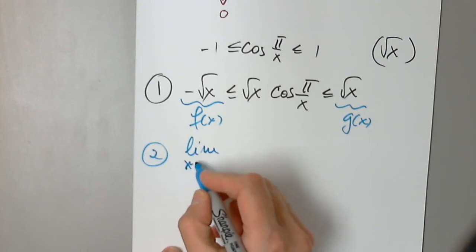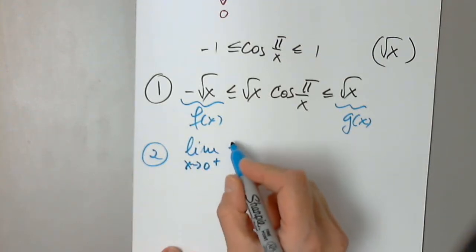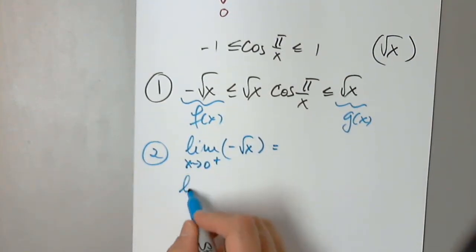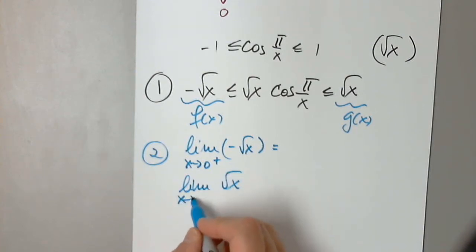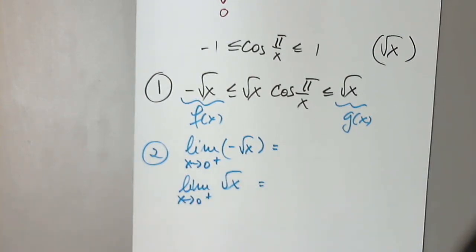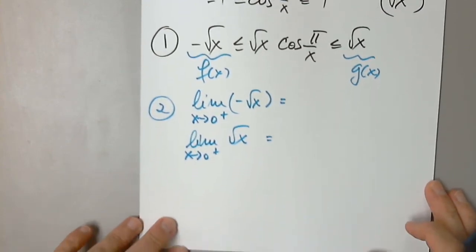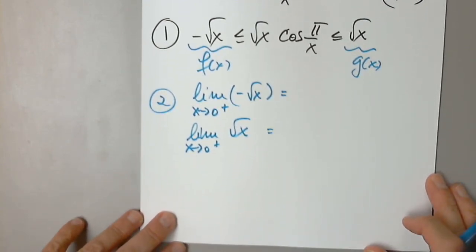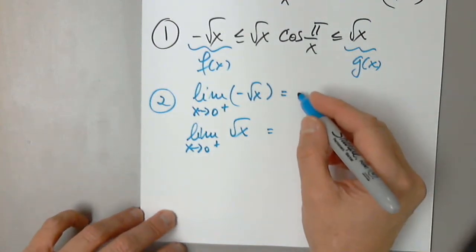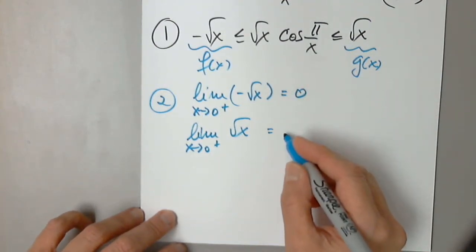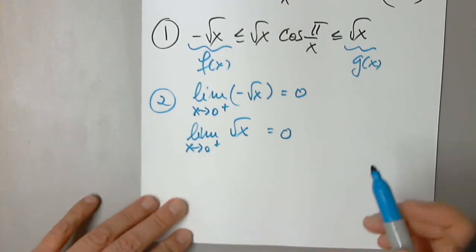So the limit as x approaches 0 from the right of negative the square root of x, and the limit of the square root of x as x approaches 0 from the right. If these two exist and happen to be the same, then we know the limit of the function that we are trying to determine. Do they exist? What is it? Very good. And the other one? Very good.